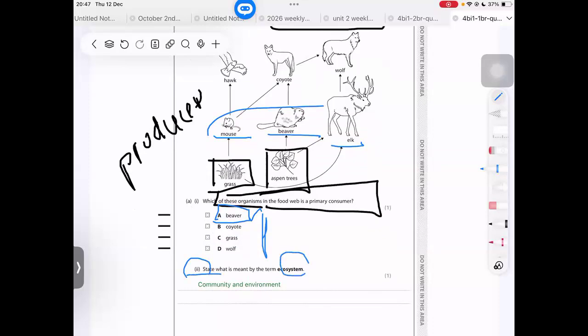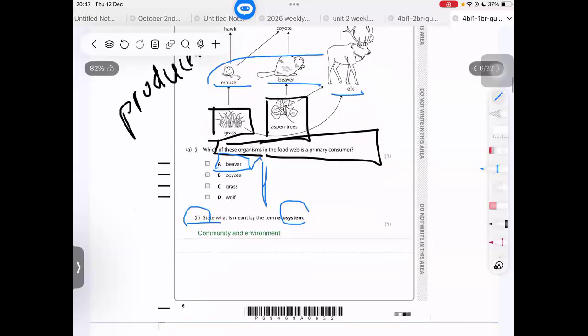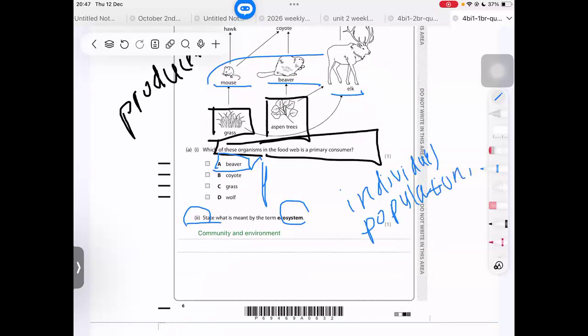So, ecosystem, now you know, first of all, there is an individual. All these individuals get together to make a population. And different populations make a community. And community means the living things.